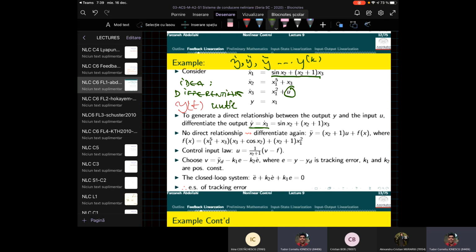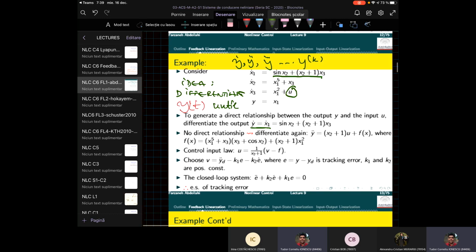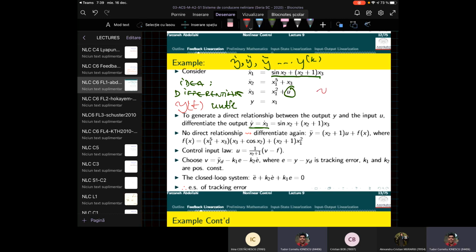Not necessarily constant, but until y is almost something like a direct function of u. Until y is easily related to u.